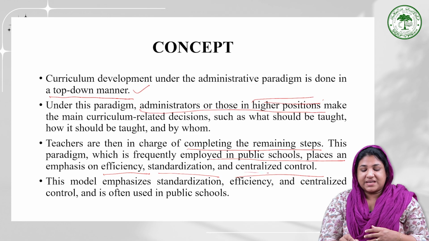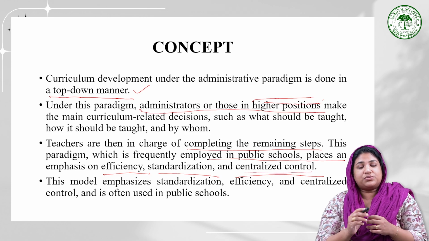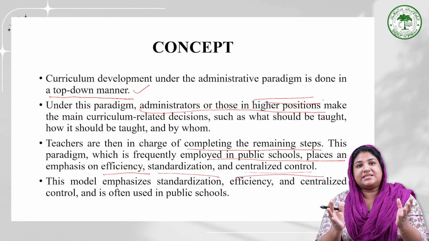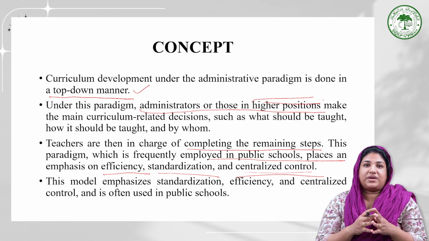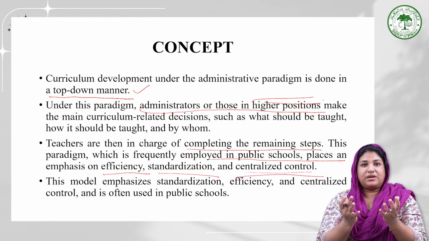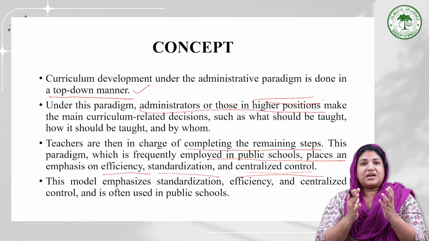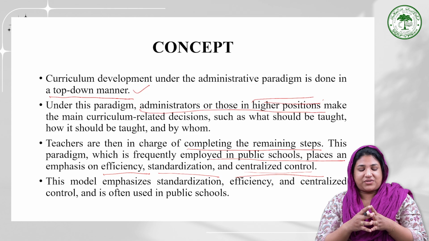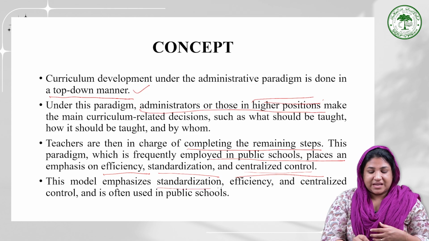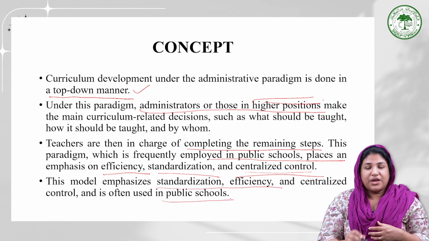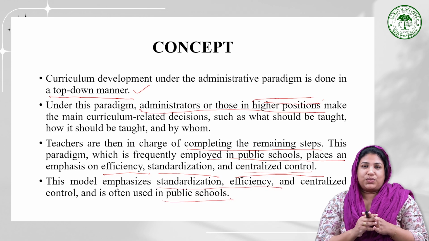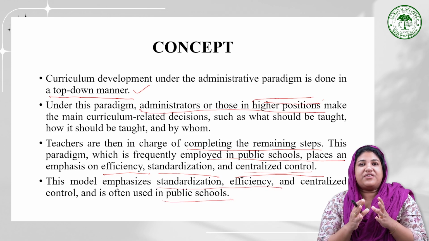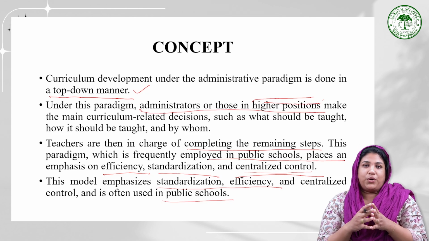And it is centralized control, which means decentralization is not taking place here. There are a few people in whom the control is vested. Of course, they are the administrators. It is mainly used in public schools. So that is the general concept of the administrative model.